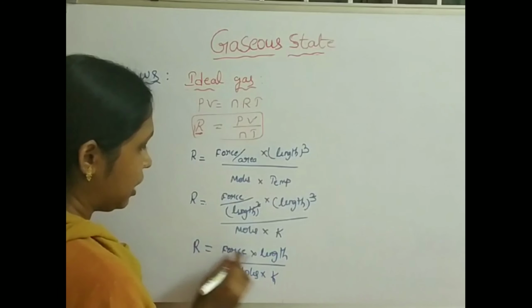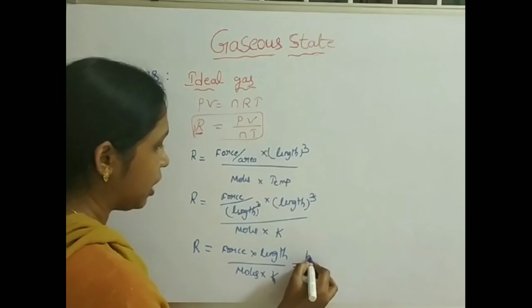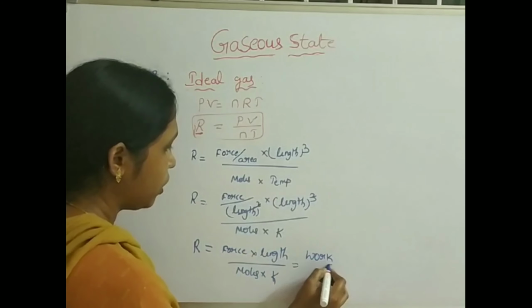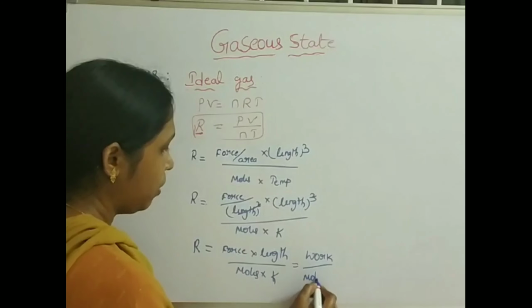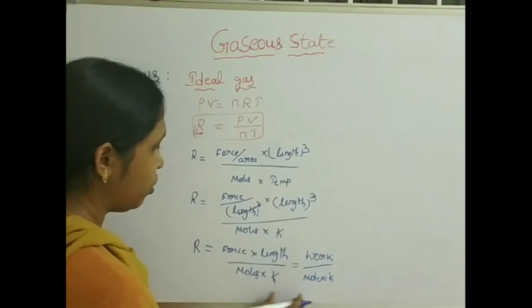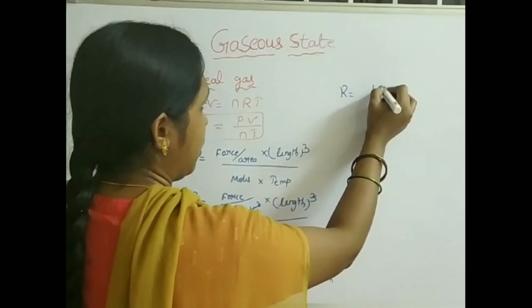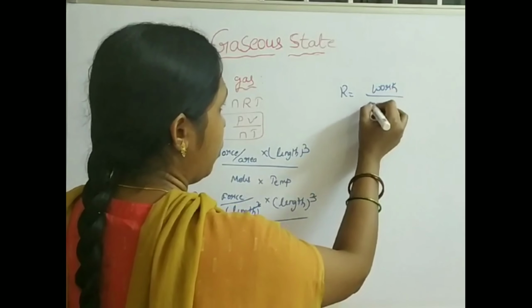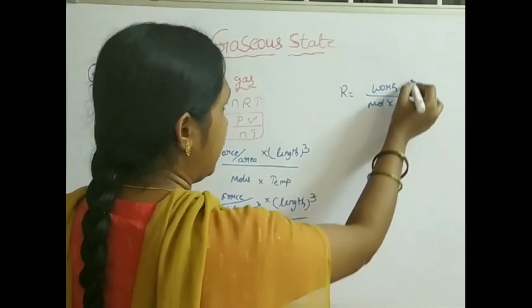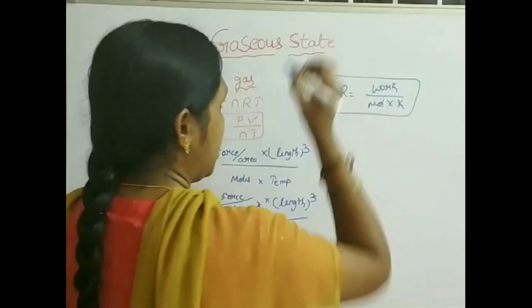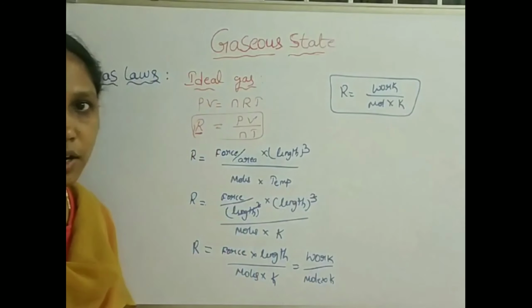Force into length is nothing but work. Work per mole per Kelvin is known as R.